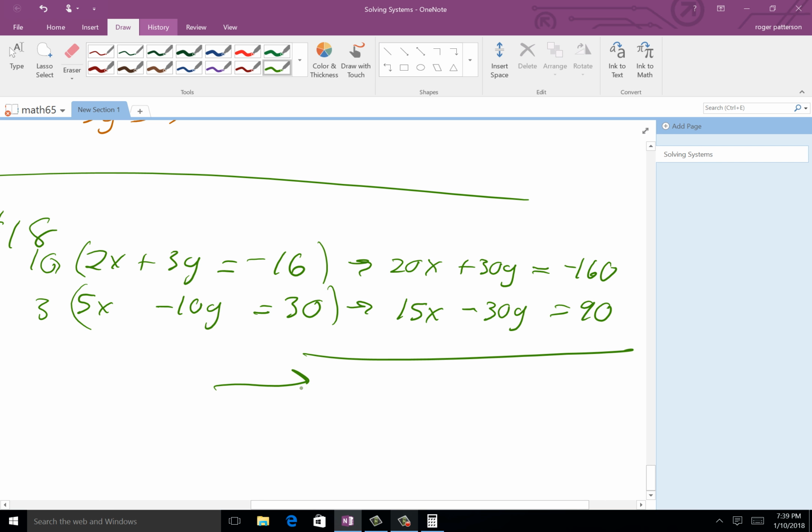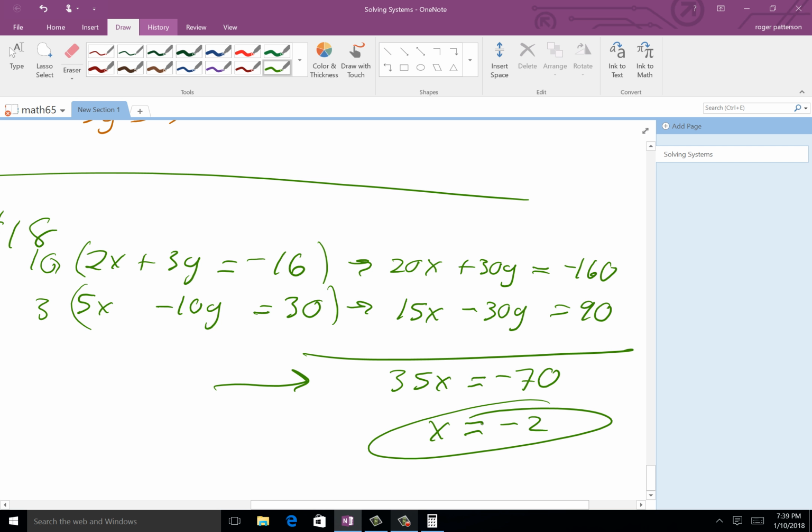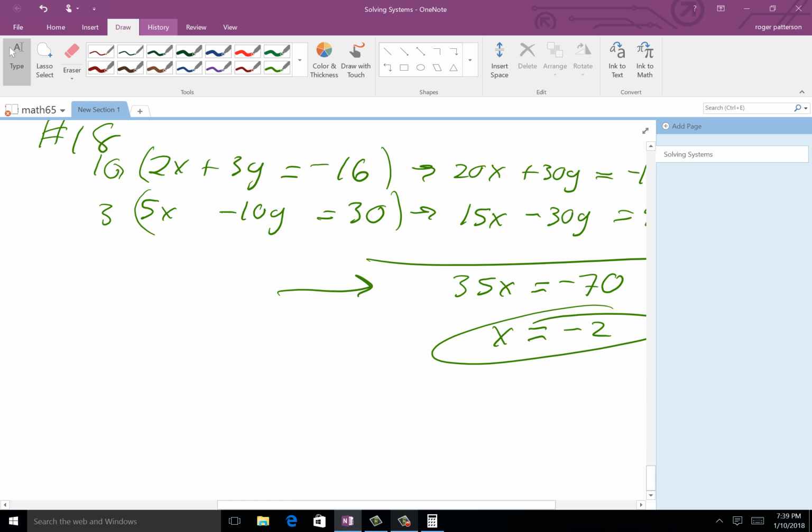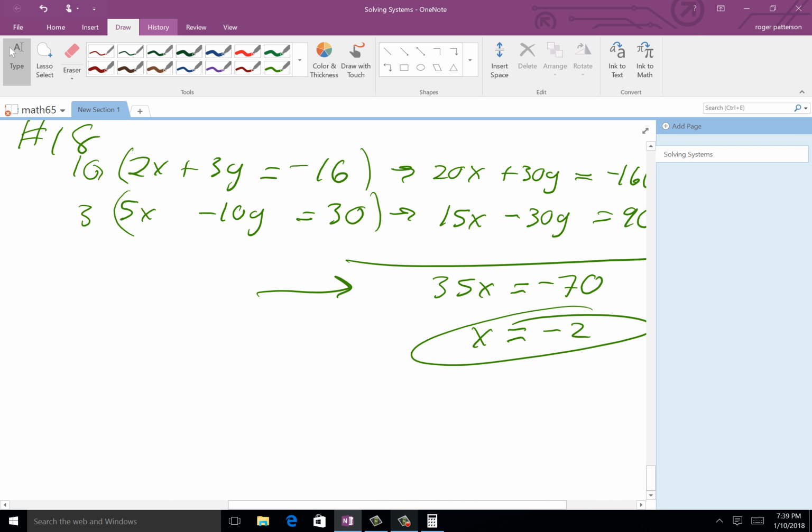So then down here on the bottom, what are we going to get? 35x equals negative 70. So what does x turn out to be? What are we getting for x? Negative 2, yep, good. Bless you. So we got negative 2. All right, and then how are we figuring out y? You plug that into the top one.